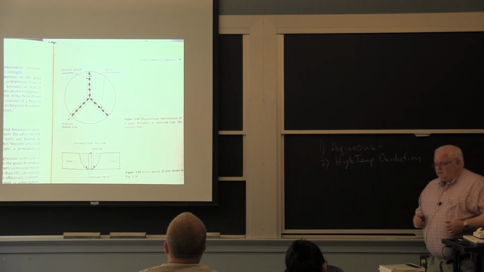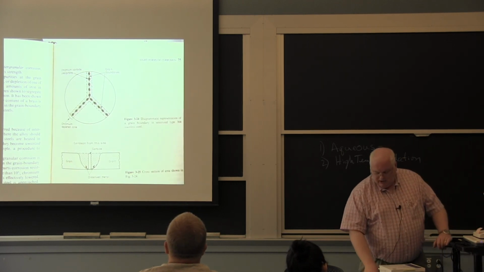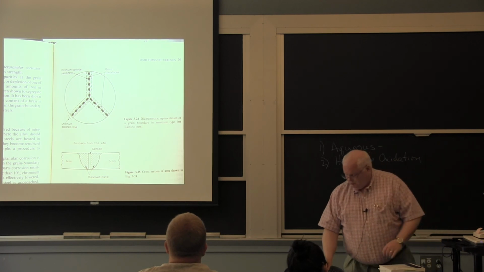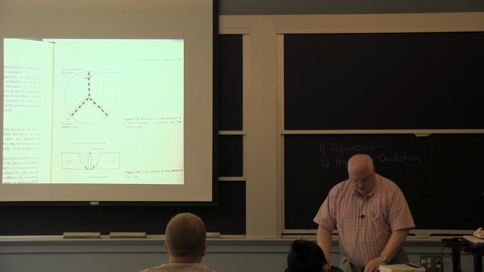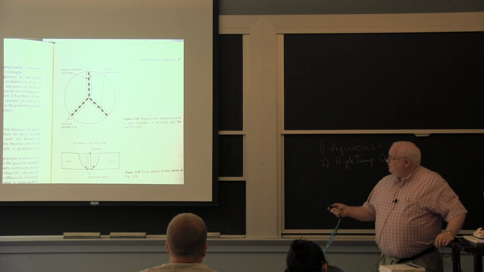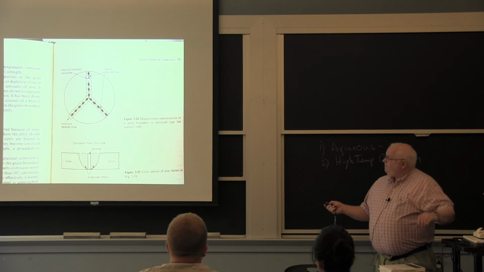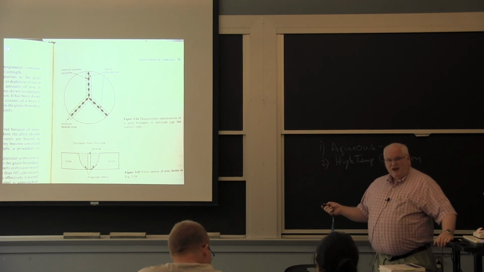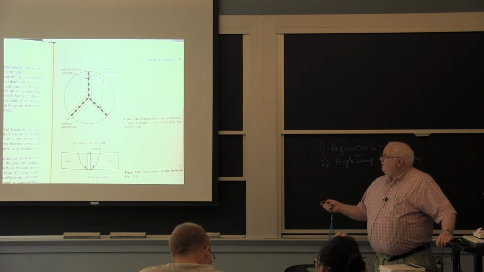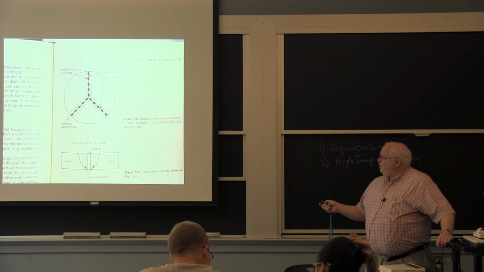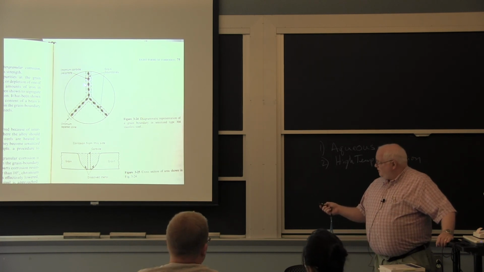What happens is, in a particular temperature range, which I'll show you in a little bit, you can precipitate chrome carbides at the grain boundaries. And because carbon will diffuse faster than chrome, when you precipitate the chrome carbides, you'll end up with a region that's depleted, or the carbon will come from lots of distances.